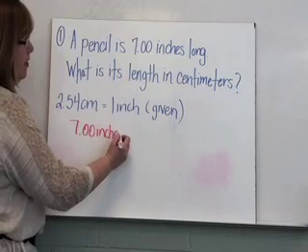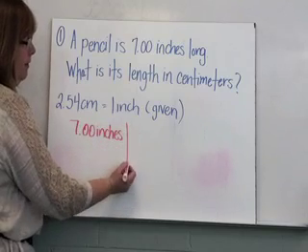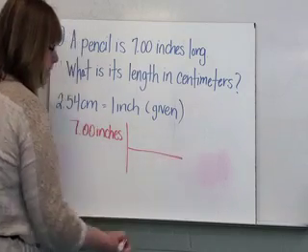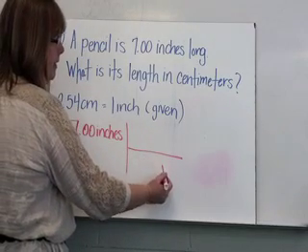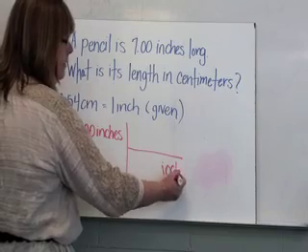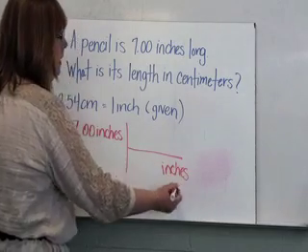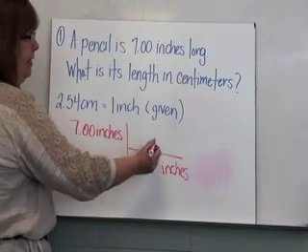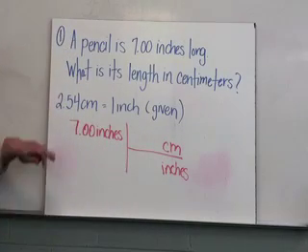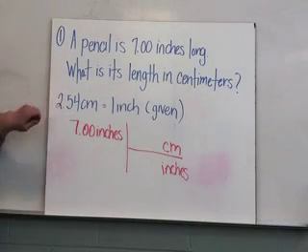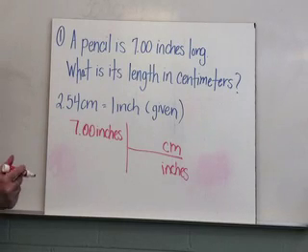Now we don't want inches anymore. We're going to draw our little equivalence box here. We don't want inches, so that unit's going to go in the denominator so that it will cancel. What we want is centimeters. And we have this equivalence statement or our conversion factor right here. Now you have to be careful.